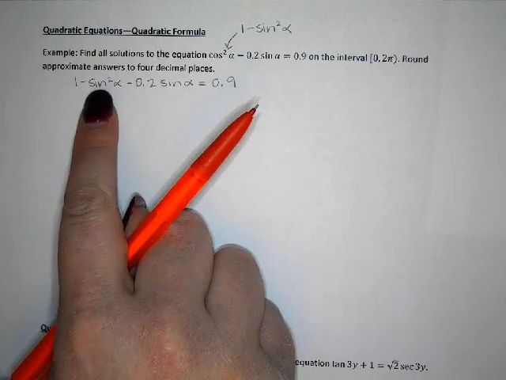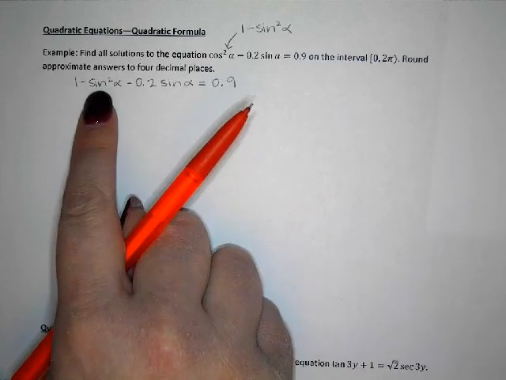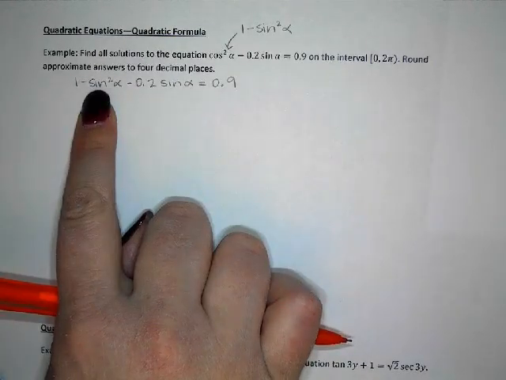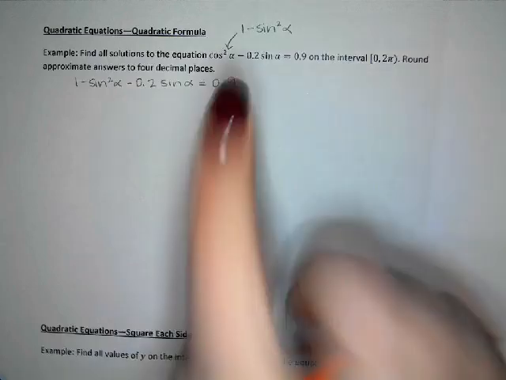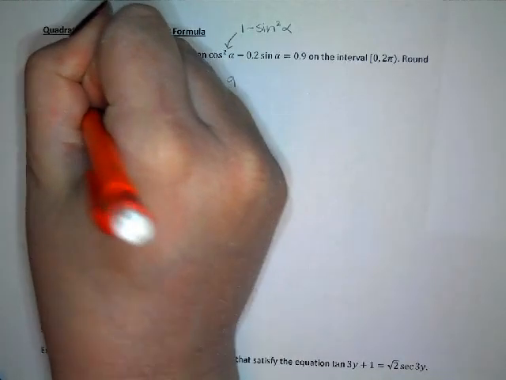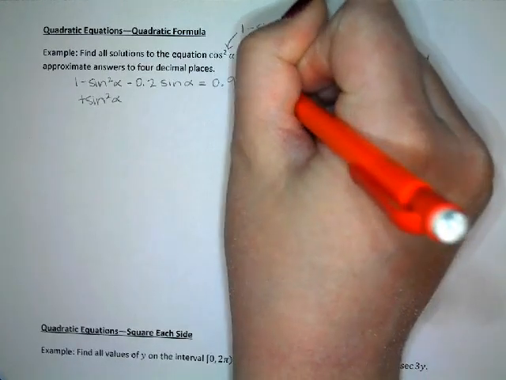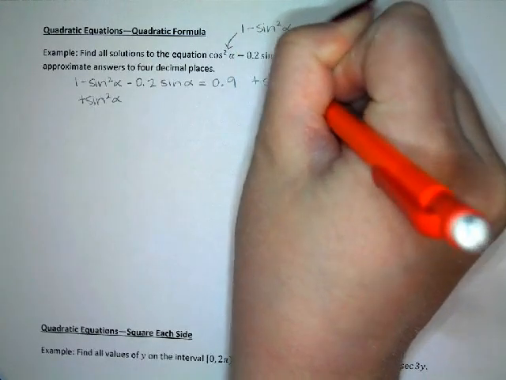So I'm going to take the negative sine squared and add it to the right side, plus sine squared. And then because I'm adding this to the right side, I'm going to move everything else over to the right side as well.